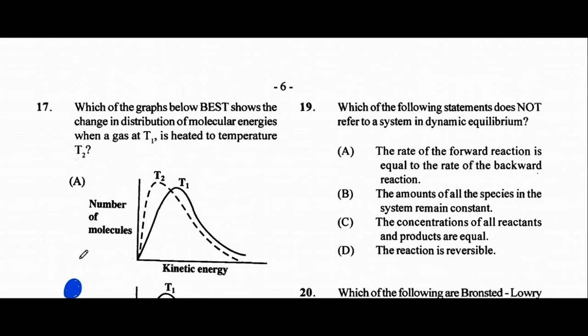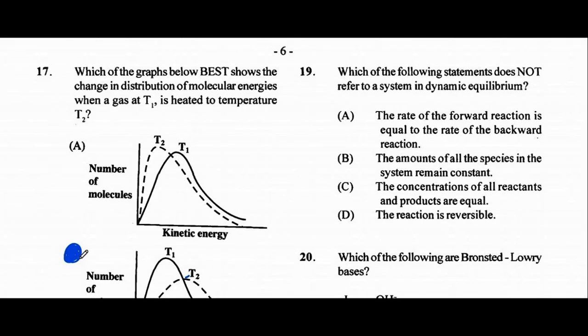It says which of the following statements does not refer to a system in equilibrium? A, the rate of the forward reaction is equal to the rate of the backward reaction. That is true. The amount of all the species in the system remains constant. That sounds a bit fishy. Let's continue though. The concentration of all reactants and products are equal.